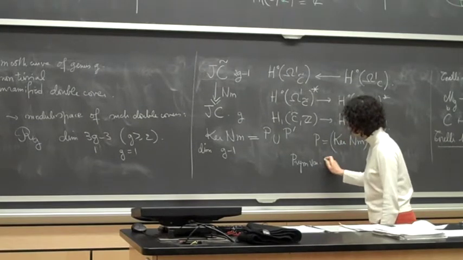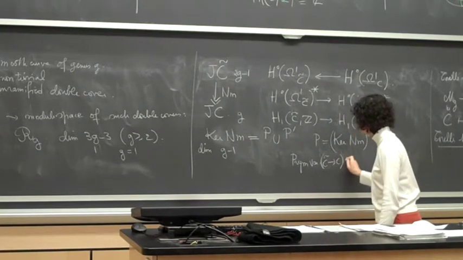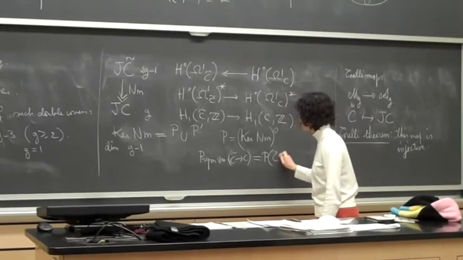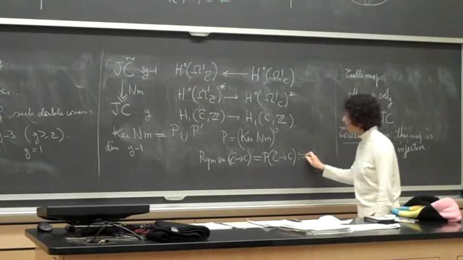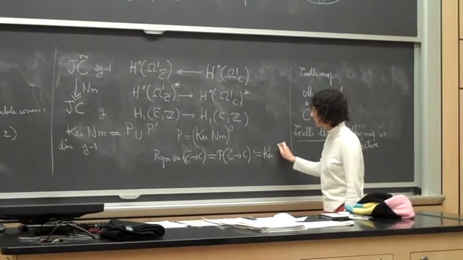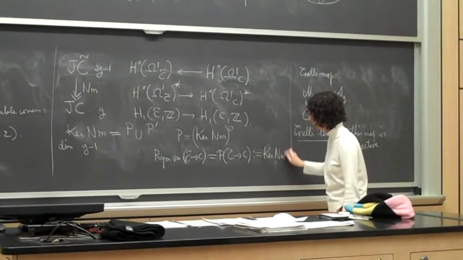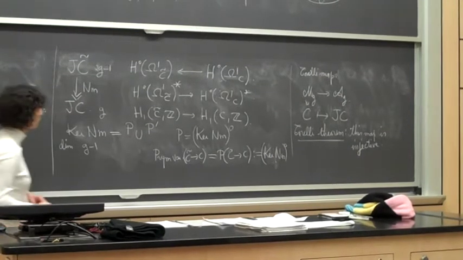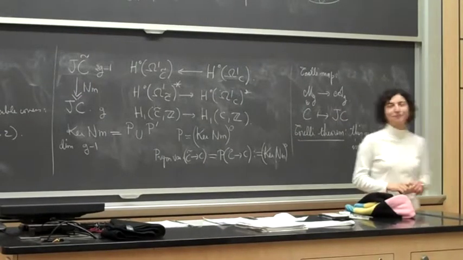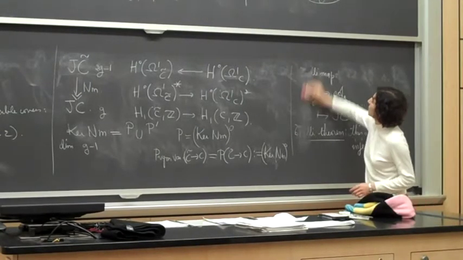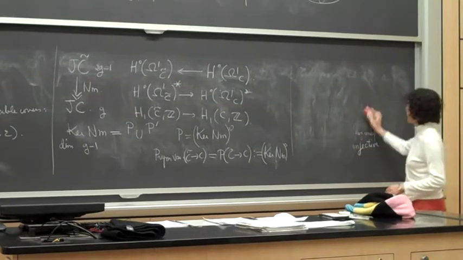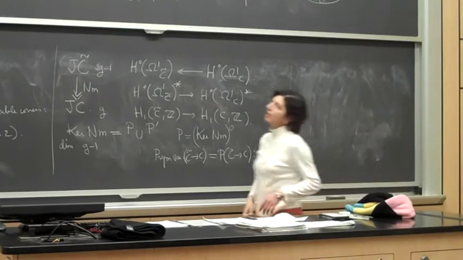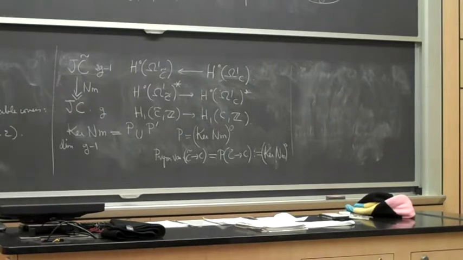The Prym variety of the cover C tilde to C, that's P of C tilde to C, by definition, is this component of the identity in the kernel. But there are other things that I can get from Jacobians.